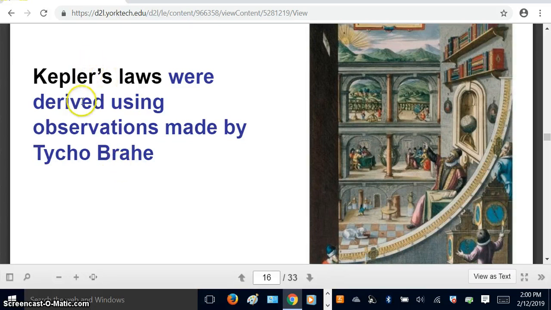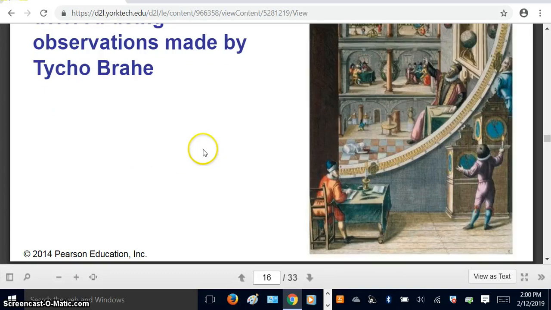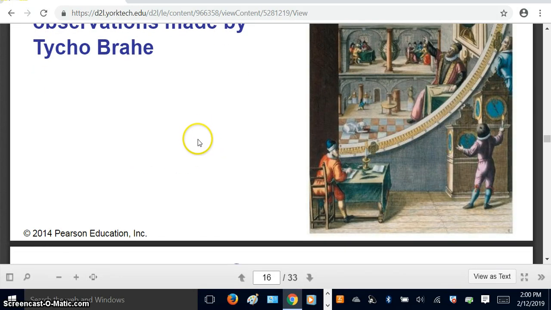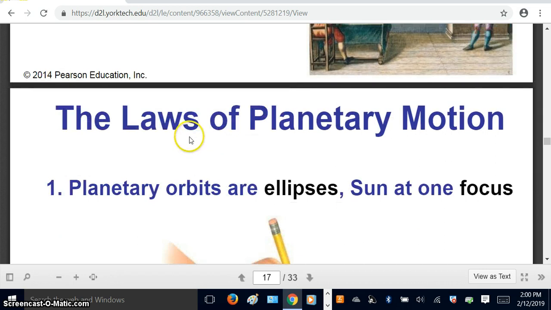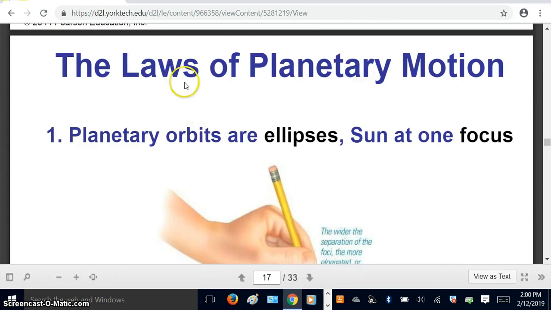And when Tycho Brahe dies, Kepler, who actually had met Tycho Brahe, basically got that data and was pretty much one of the only people on the planet that could use that data, so he made some observations.